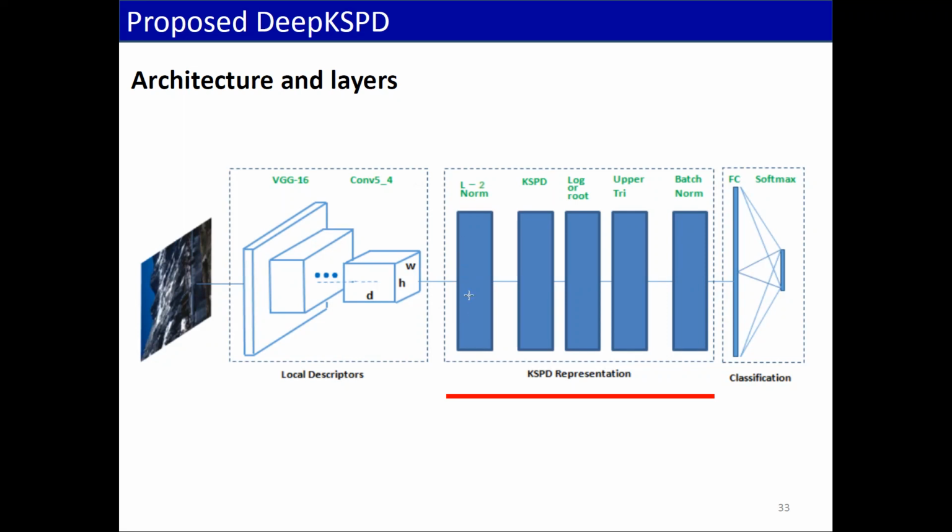So we have an L2 normalization layer to ensure that we normalize all the local descriptors into the working range of Gaussian RBF. Then we calculate the Gaussian RBF kernel, then we do matrix normalization, for example, matrix logarithm or matrix rooting to adjust it. Then we take the upper triangle, reshape it into a long vector, then batch normalization, then fully connected layers to softmax layers to make the prediction. The whole structure is the mainstream structure.